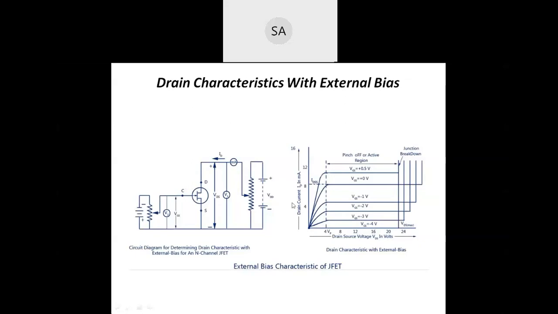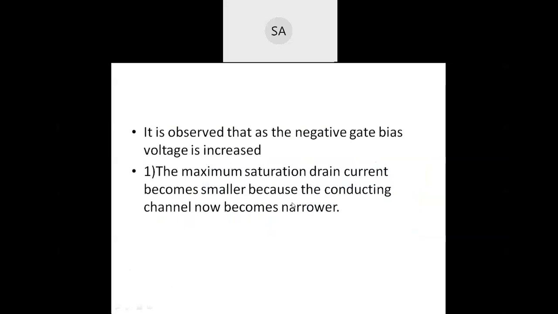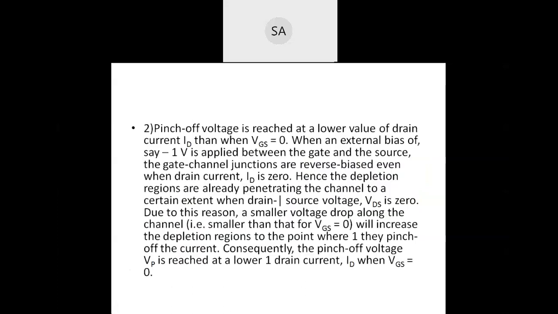Why? Because the channel is narrower. So the pinch-off voltage is reached at a lower value of drain current ID than when VGS is 0. When an external bias of minus 1 volt is applied between the gate and source, the gate channel junctions are reverse biased even when the drain current ID is 0.